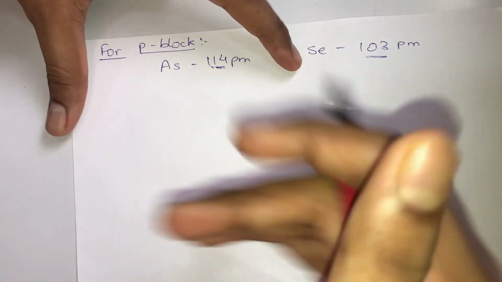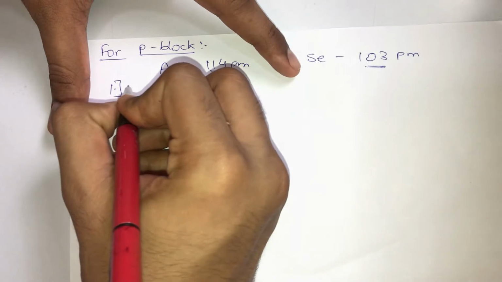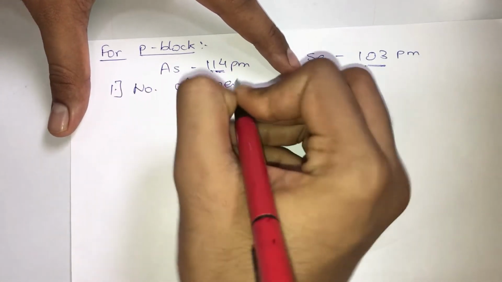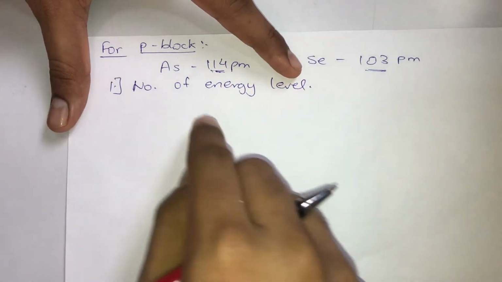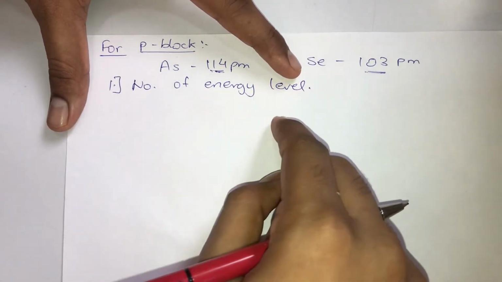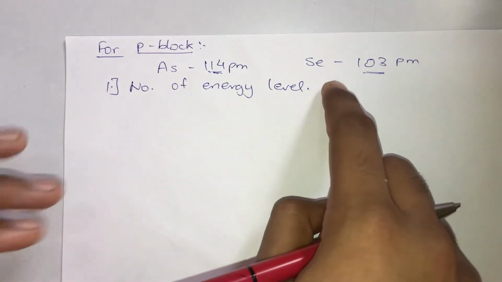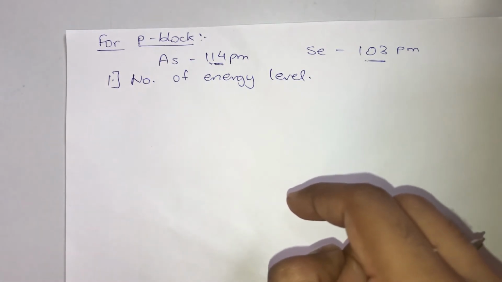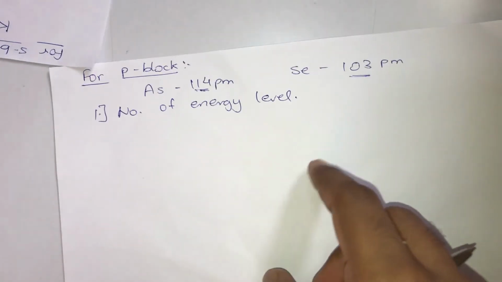So the first factor is nothing but the number of energy levels. This number of energy levels depends on the period number, am I right? Both arsenic and selenium are present in the fourth period, so it is obvious that they are going to have 4 energy levels.